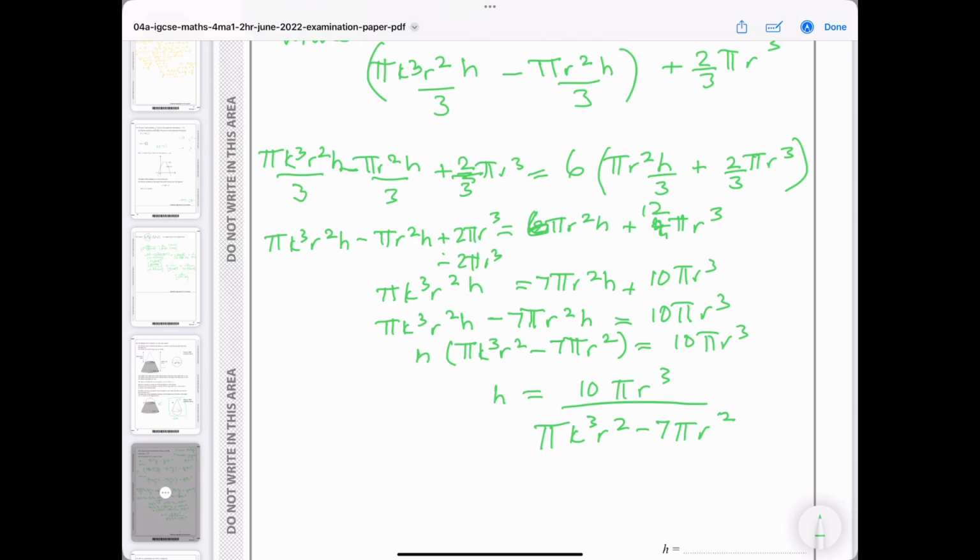Right, I can get rid of the pi's, so divide through by pi. I can divide through by r squared, and that gives me an r on top. And that gives me h equals 10r over k cubed minus 7. I really hope that's correct.